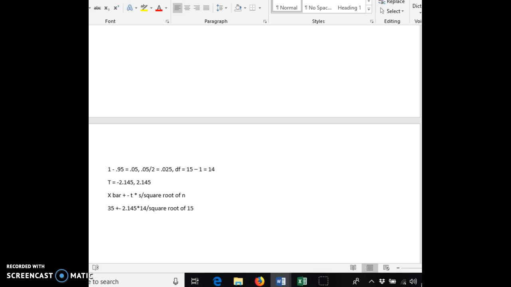Just as I did before with the prior confidence intervals, I'm going to do the right-hand side that comes after the plus minus in my calculator first: 2.145 times 14 divided by the square root of 15. Now we get 35 plus and minus 7 point, and since our original data is to the whole number, I'm just going to go one decimal place, so 7.8. So we want 35 minus 7.8 and 35 plus 7.8.